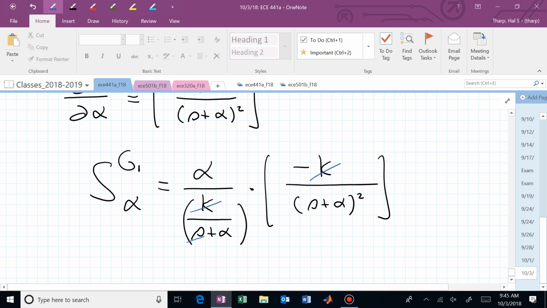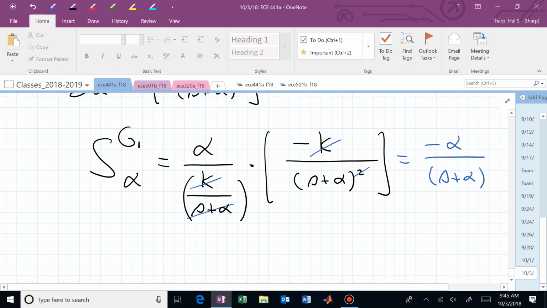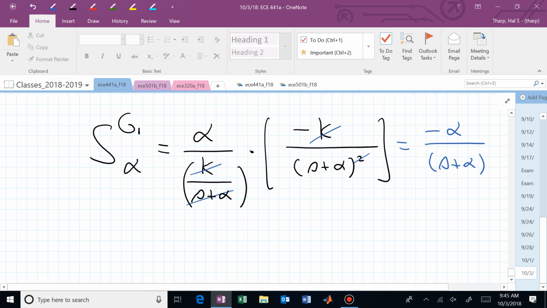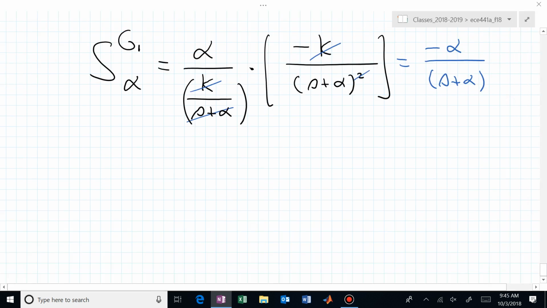K's cancel. One of those S plus alpha factors cancel, and we're left with minus alpha over S plus alpha for the sensitivity of G1 with respect to alpha. We're now almost finished.